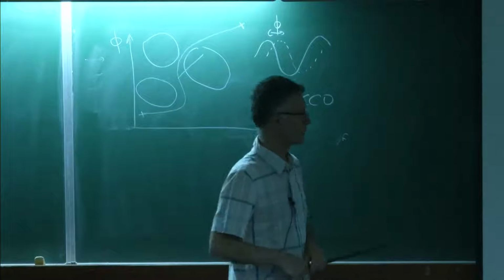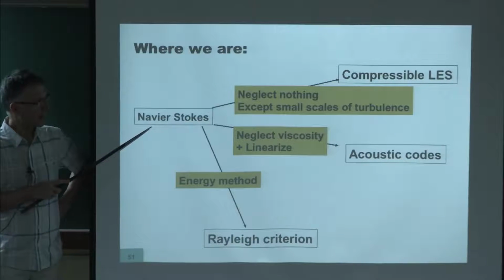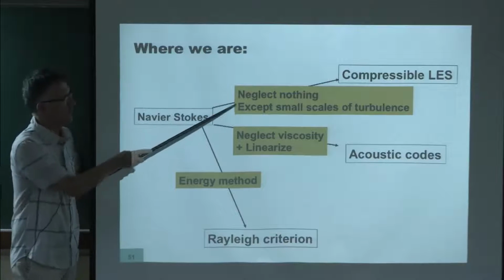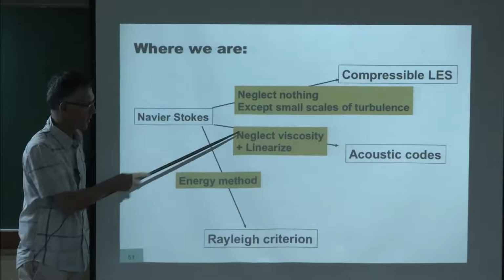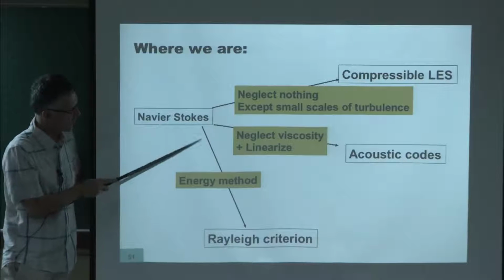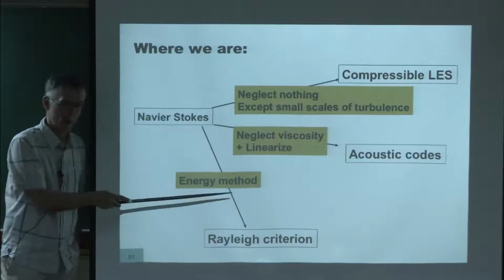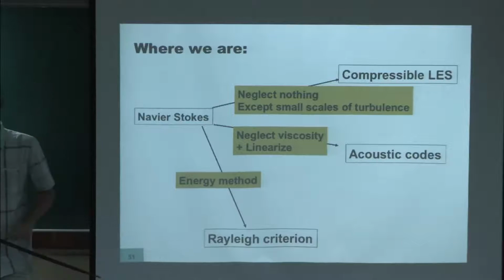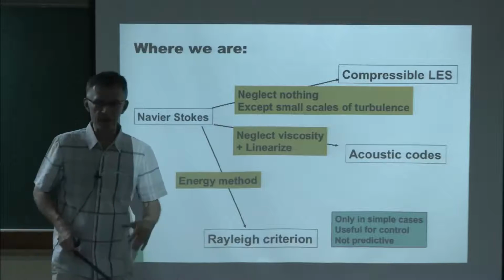So where are we now? I said everything is in the Navier-Stokes equations, and then if you want to go the expensive way, you do LES. If you want to go a less expensive way, you go to acoustic codes. And if you just want to look at criteria, you do what we call the energy method. So we have all these tools available. Which one should you use if you have a problem? Well, the Rayleigh criterion really never explains anything.